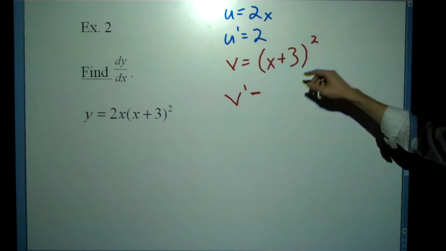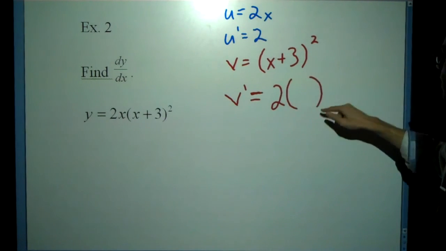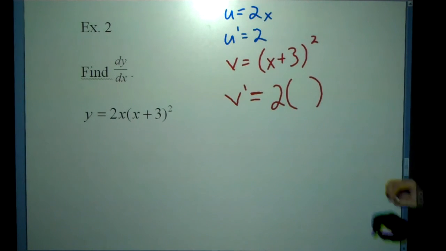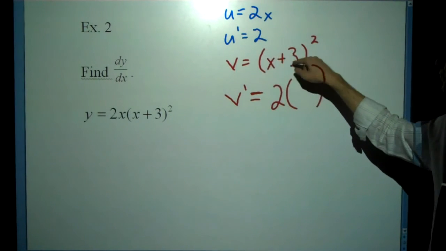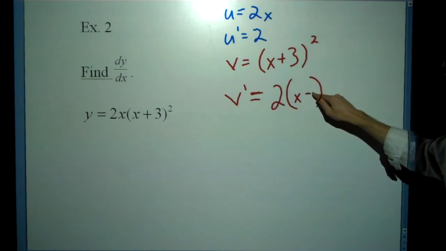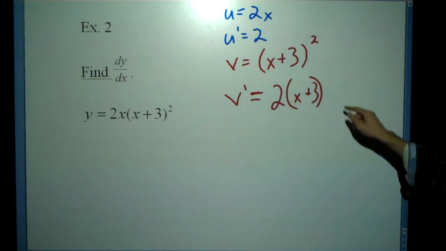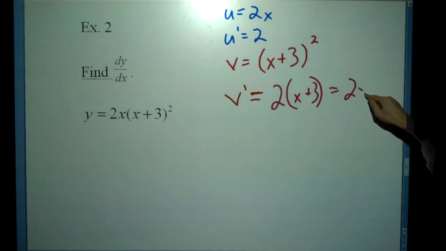You've got some stuff to the second power, so we do 2 times that stuff to just the first power times the derivative of that stuff, but the derivative of that stuff is only 1, so it ends up just being 2 times x plus 3, also known as 2x plus 6.